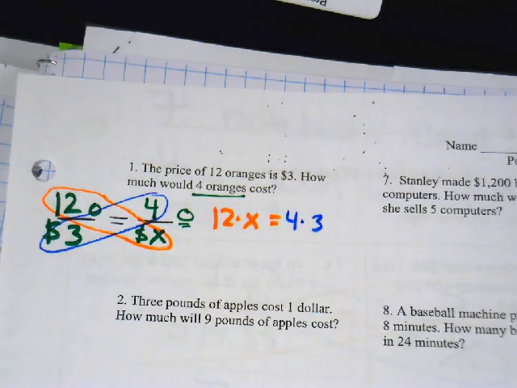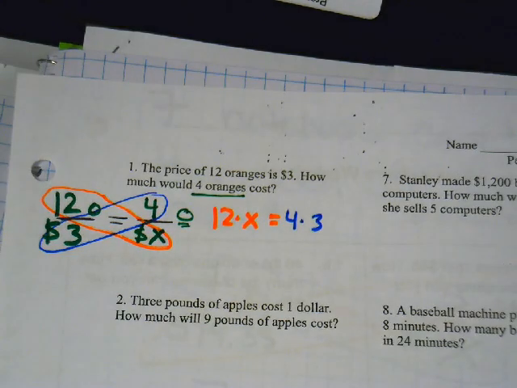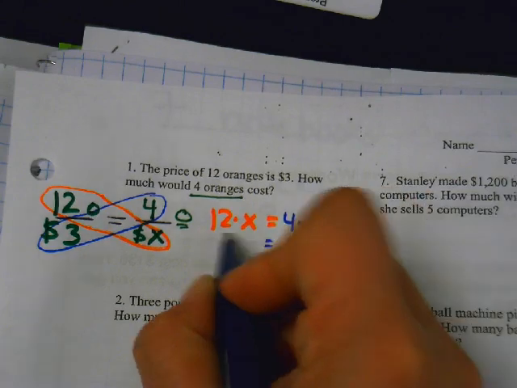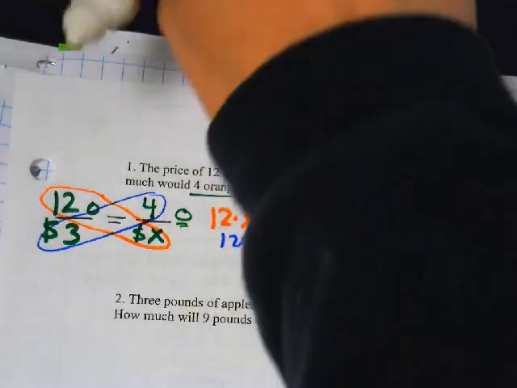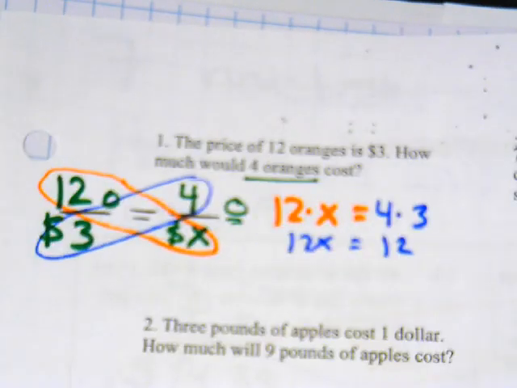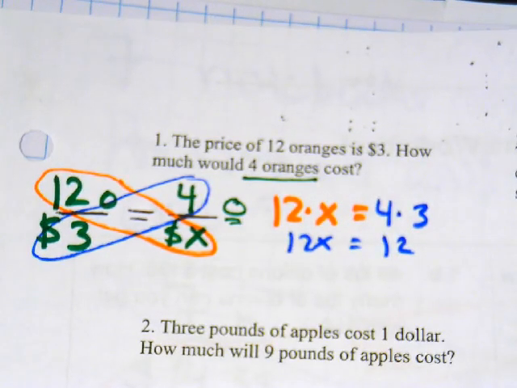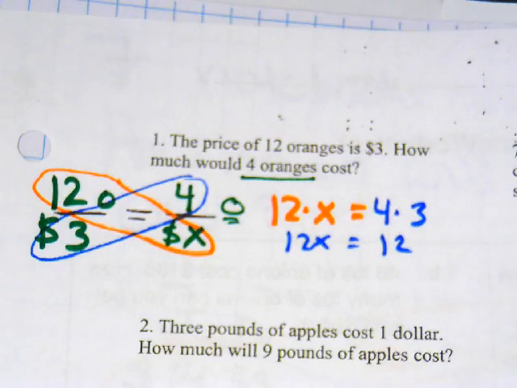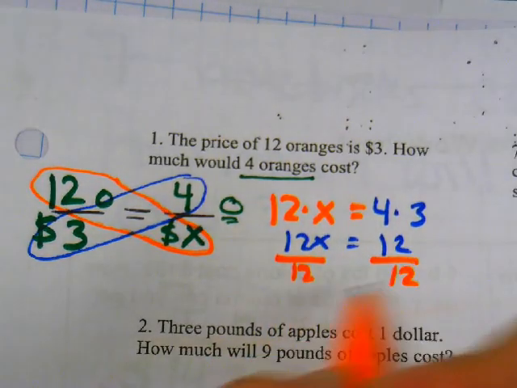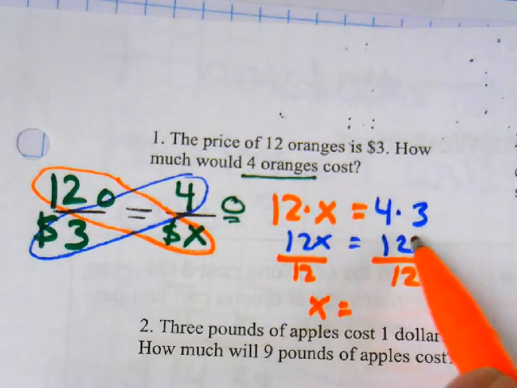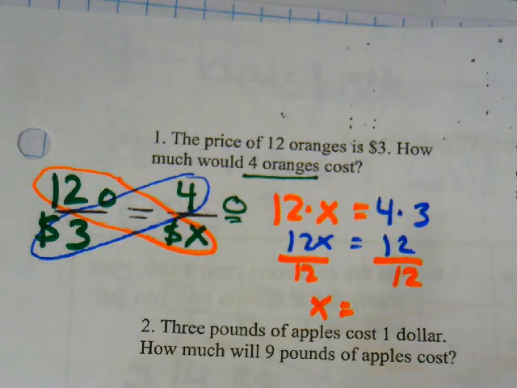All right, what's 4 times 3? So it's 12 equals 12x. Now what do I have to do? What's my last step? How do I get x all by itself? Divide by 12. So what is x equal to? What's 12 divided by 12? 1.